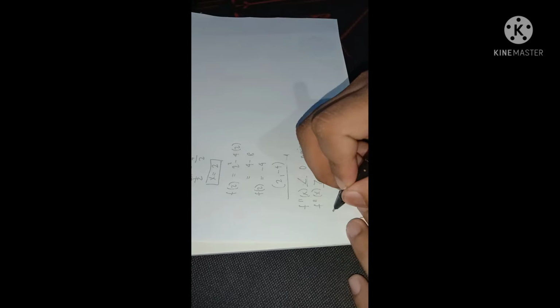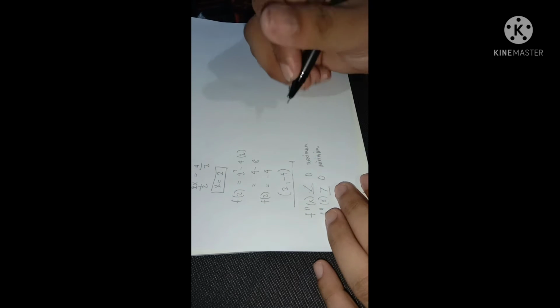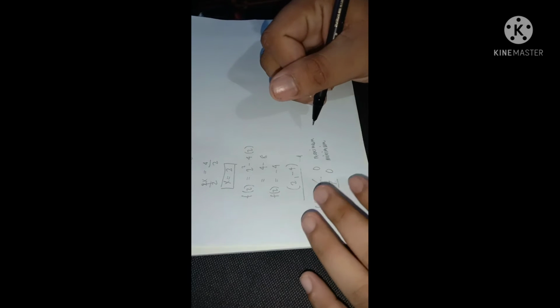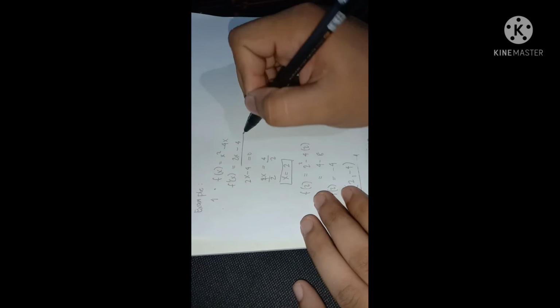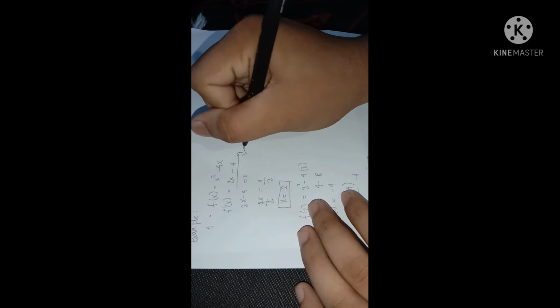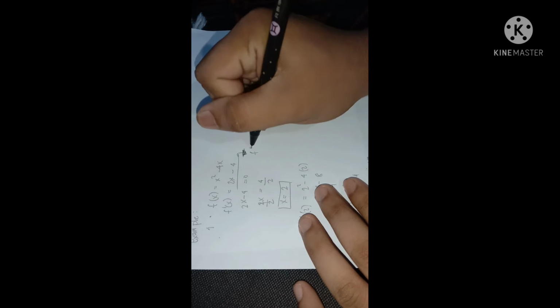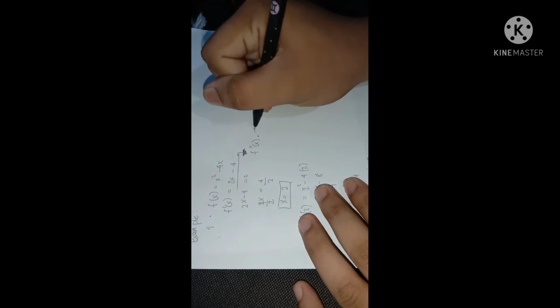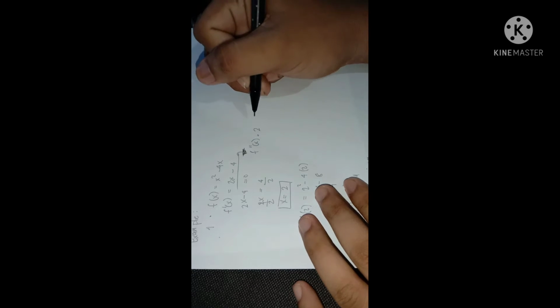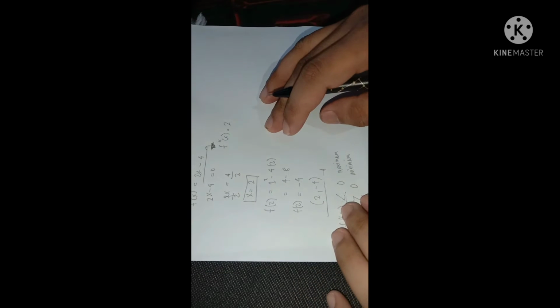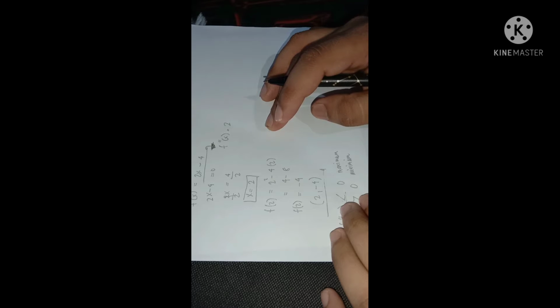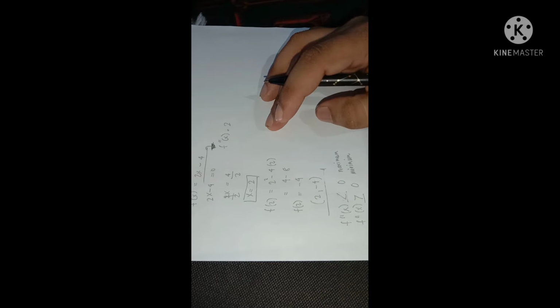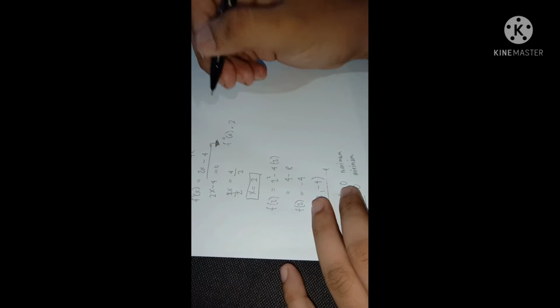So let's find the second derivative of the function. We take the first derivative and get the derivative of that. The second derivative is only 2.